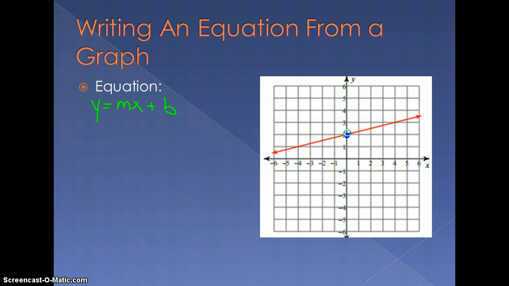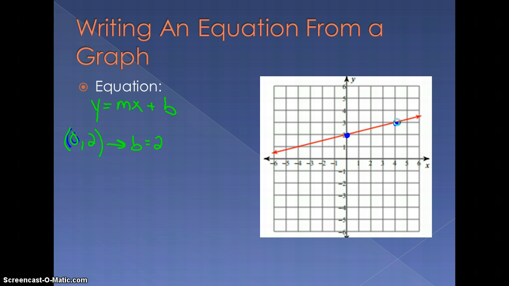I look at the graph, and that seems to be the point 0,2. So that would give me b equals 2 in this case. And from there, I need to find another point that I know so I can find my slope, and it seems to be the point 4,3.